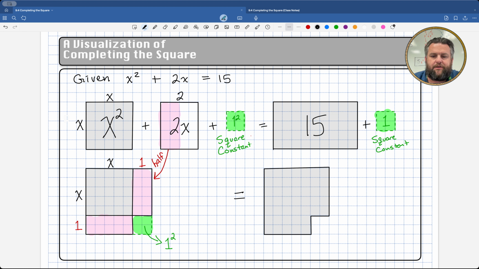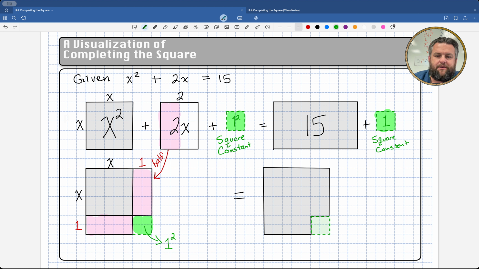We just change the look of it. So we end up with the same piece, and hopefully you see here at the bottom that we literally just added this component so that we could complete the square.